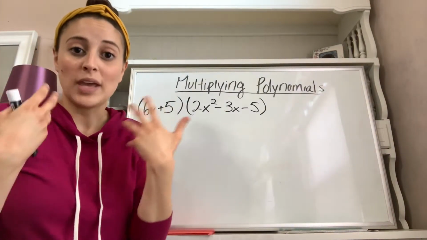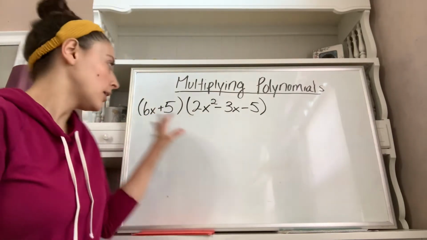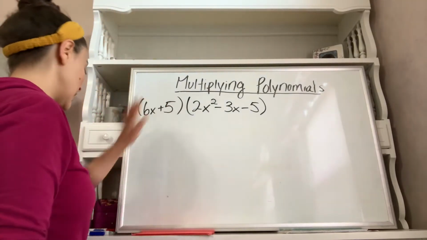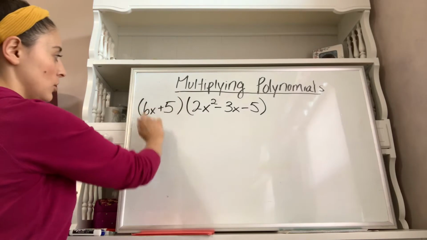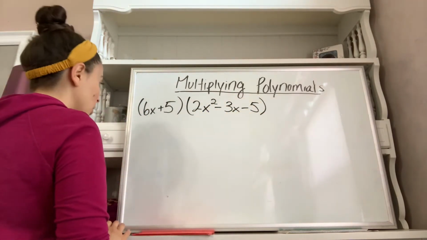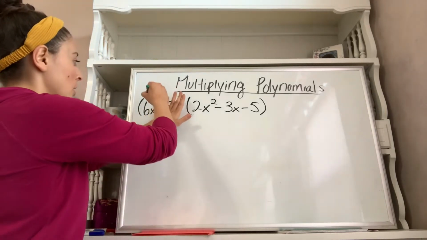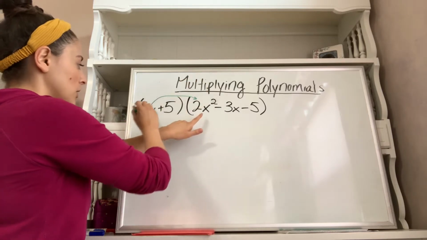And then at the end, when we add them all together, it's going to simplify, and it's like we never split this up in the first place, okay? So, like I said, we're just going to ignore the 5, use the 6x, and distribute that term in.